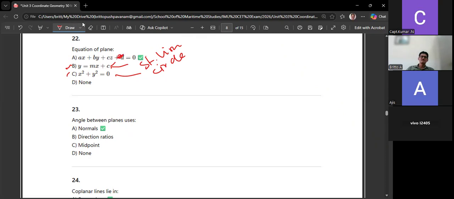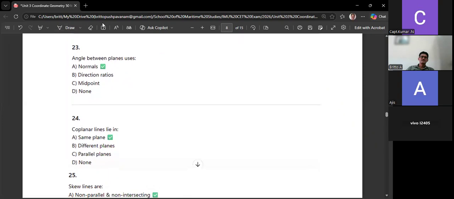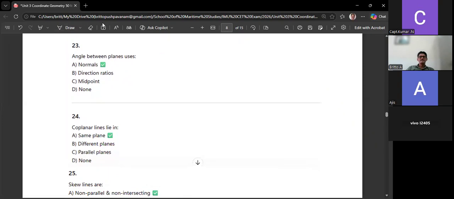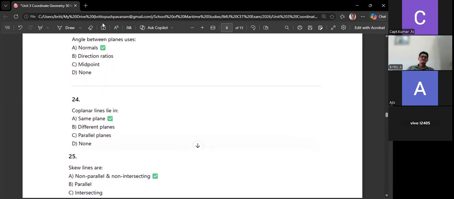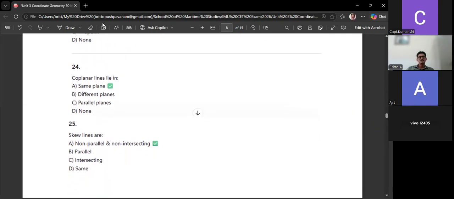Sometimes without d also it will be put equal to 0. It's also a plane equation. Now question number 23. Angle between planes uses the normal, direction ratios. So the angle between planes uses the normal. Okay. It's a direct question.